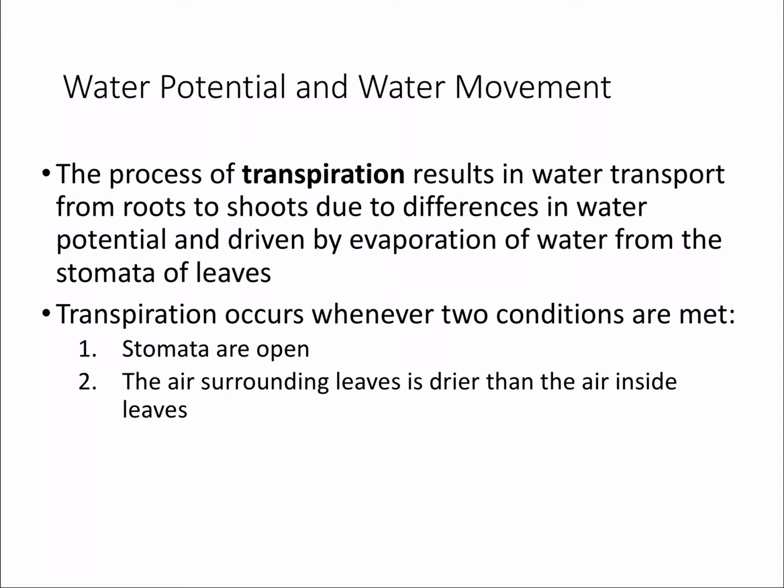So how does this affect water movement? In terms of transpiration, that's when water from the roots to the shoots moves up the plant and is driven by evaporation from the stomata. So in order for transpiration to occur, the stomata have to be open. That's the only way water is going to go out, if those openings in the leaves are open.